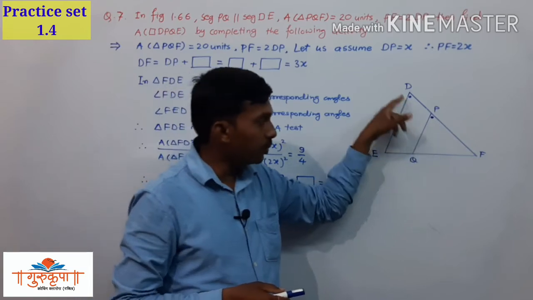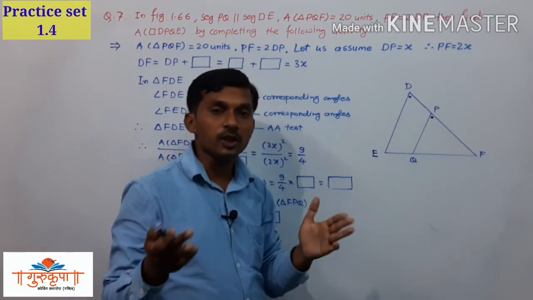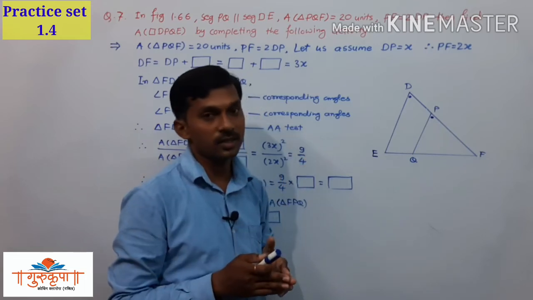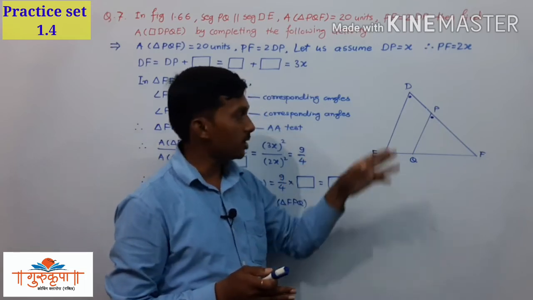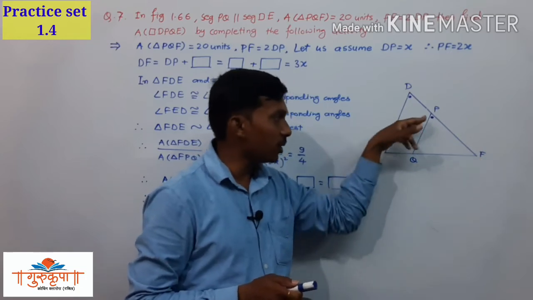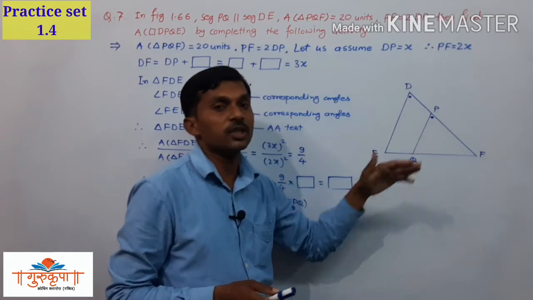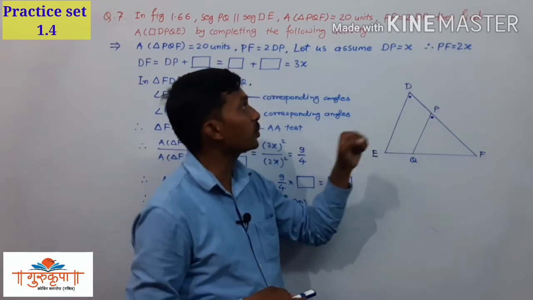After proving that, we use the theorem of areas of similar triangles. That is, area of triangle DFE upon area of triangle PFQ is equal to the square of the ratio of their corresponding sides.